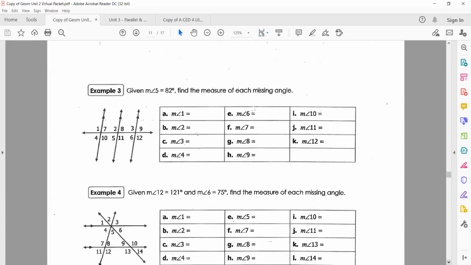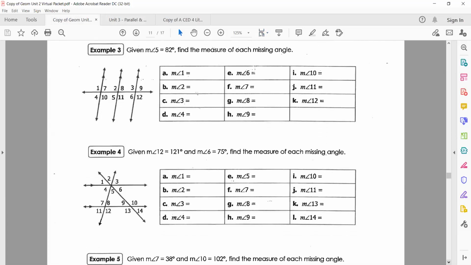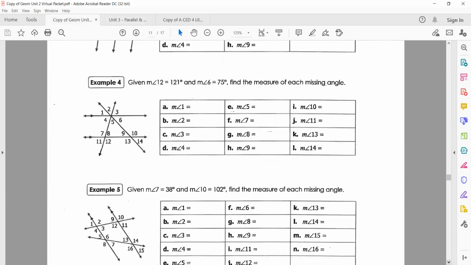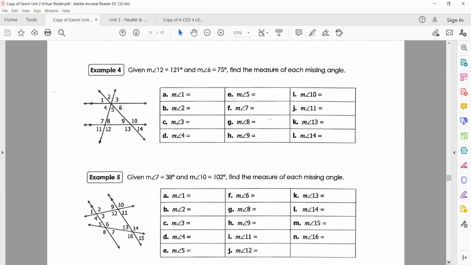Now here's the one that's going to really get fun. Example 4. 4 and 5 look complicated. And this is another situation where you've got to think about what's the transversal.